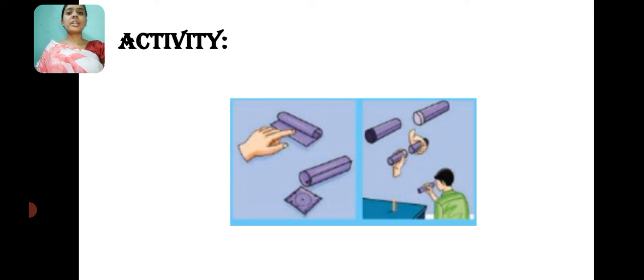So I'm going to tell you an interesting fact now. Before the camera was developed, the pinhole camera was used to photograph the movement of the sun. The pinhole camera was used to view the sun for a long period of time.